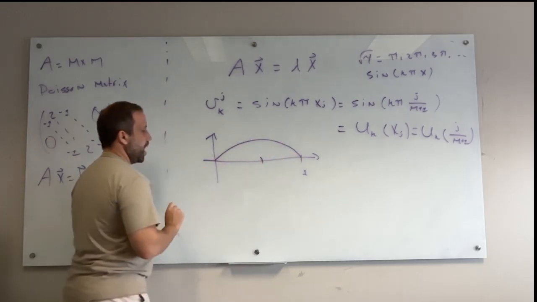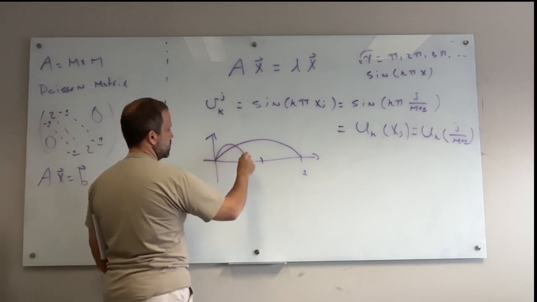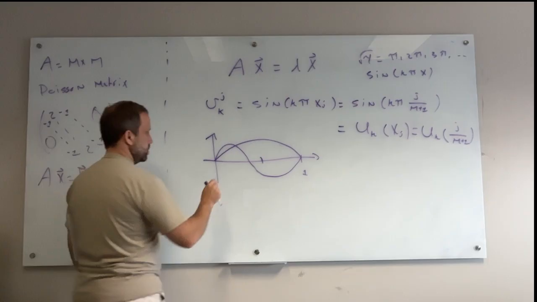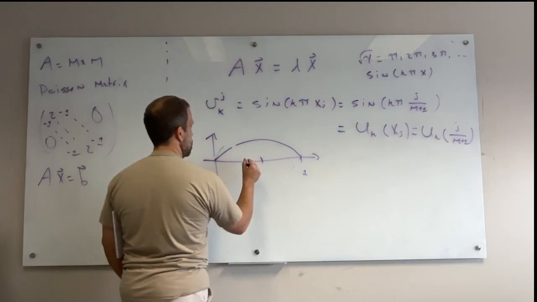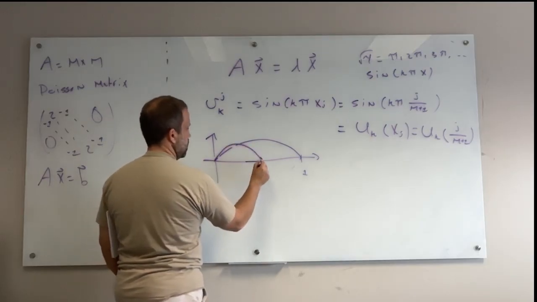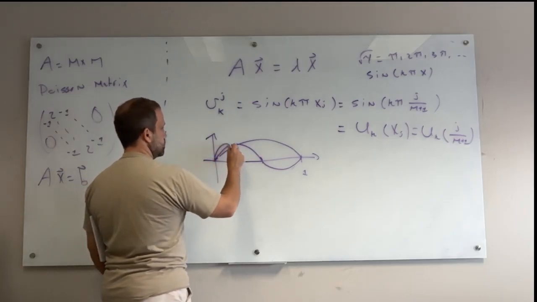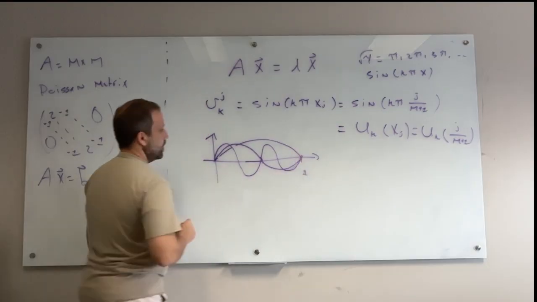This would be sine of pi x. And then sine of 2 pi x is going to look like this.